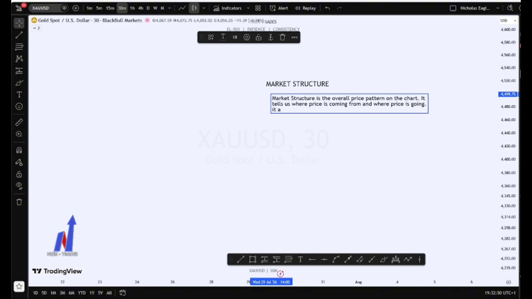It also tells us if the market is moving upward, which is also known as bullish, and if the market is moving downward, also known as bearish.